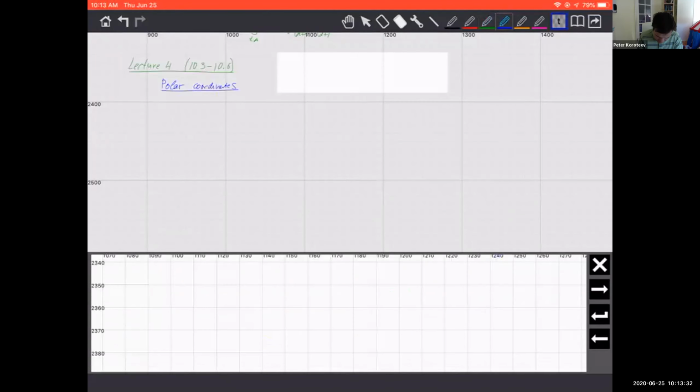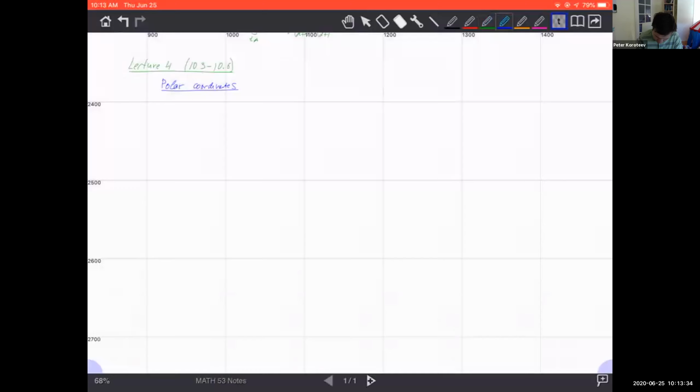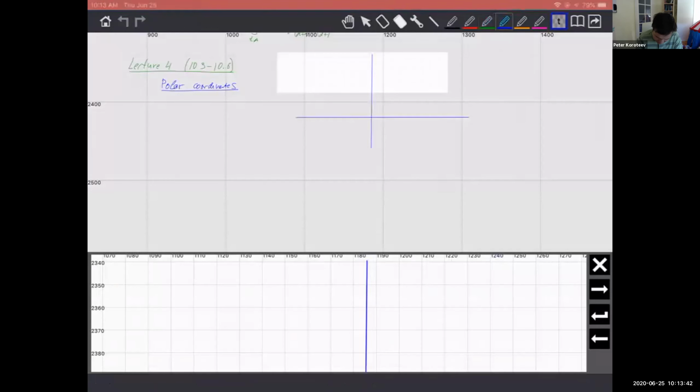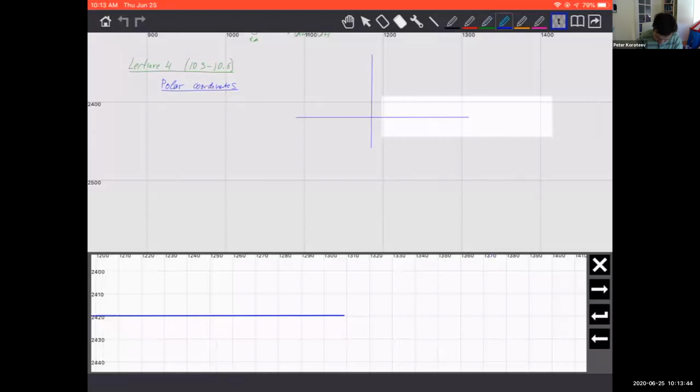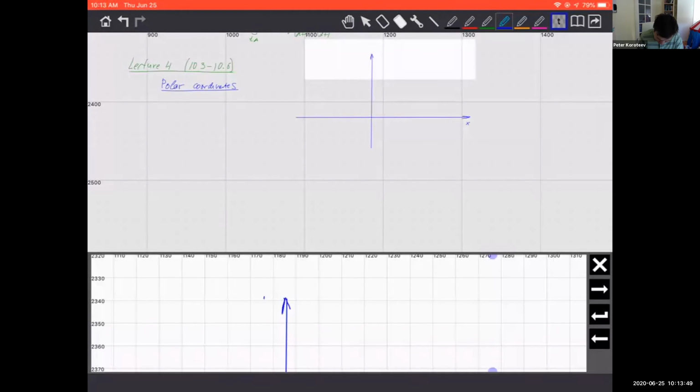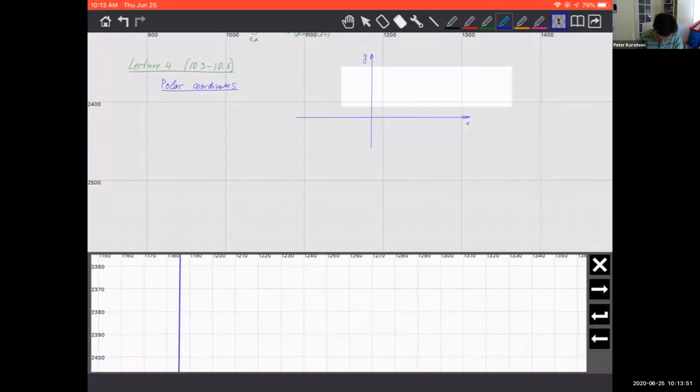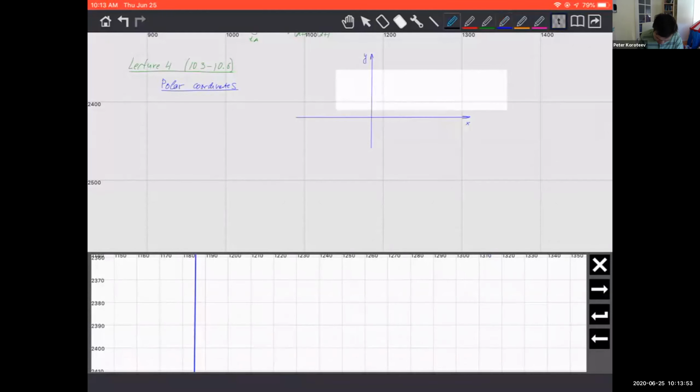So this is how it works. Let's start with the Cartesian coordinates. This xy plane, which we know and love, and a point in the xy plane is given by a pair of two numbers, x and y.